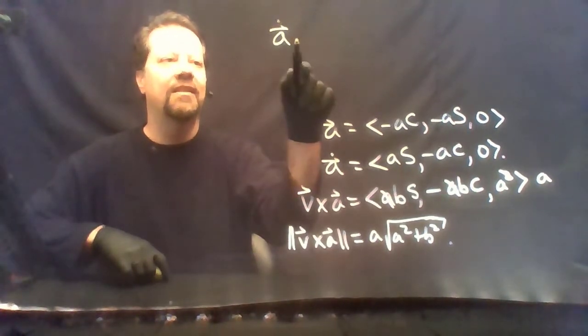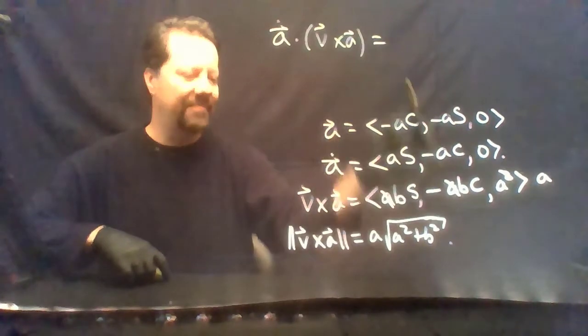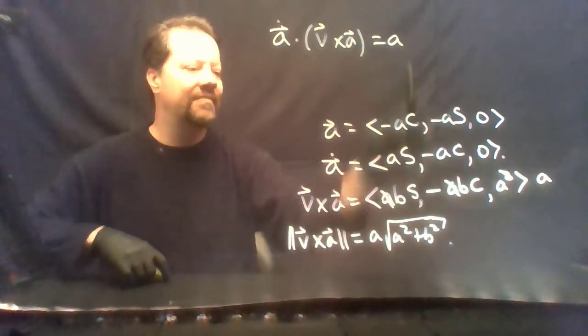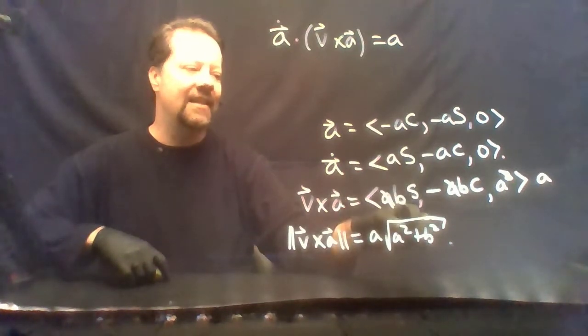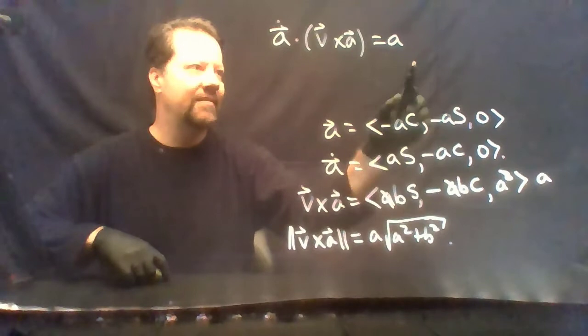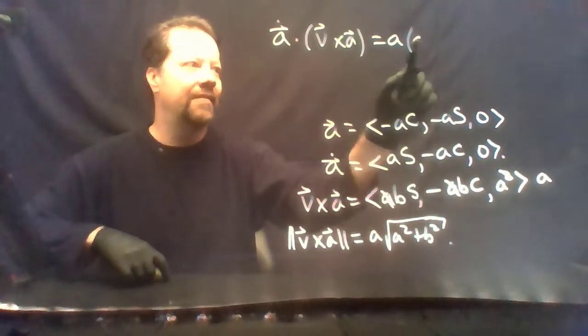The jerk dotted with v cross a is, we have a scalar a, we'll have ab sine squared plus ab cosine squared, that's ab, plus 0.